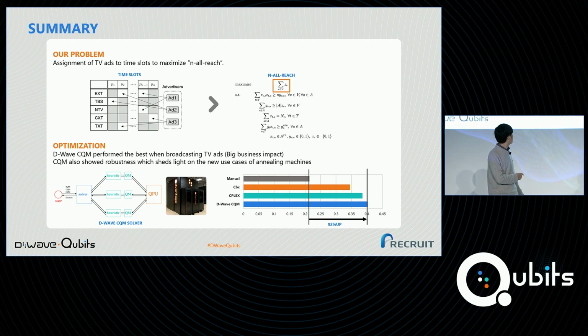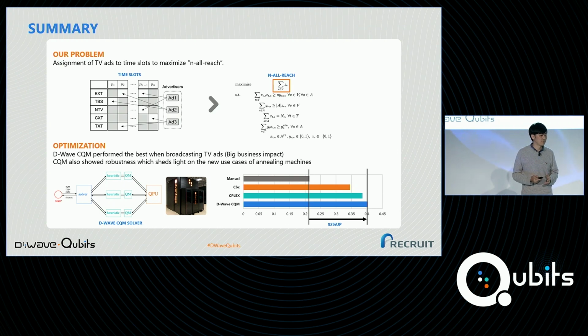It's actually better than the existing manual method by 90%. The marketing department in our company is very happy with this result. I cannot say the actual figure increased by this optimization, but it has a very big business impact.